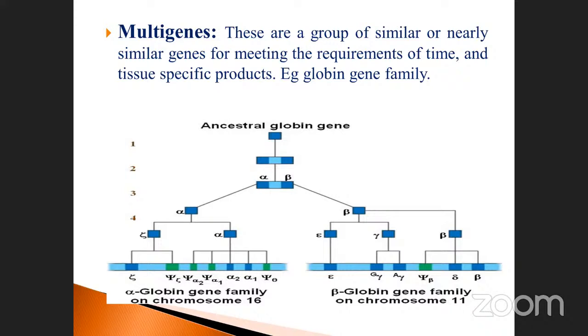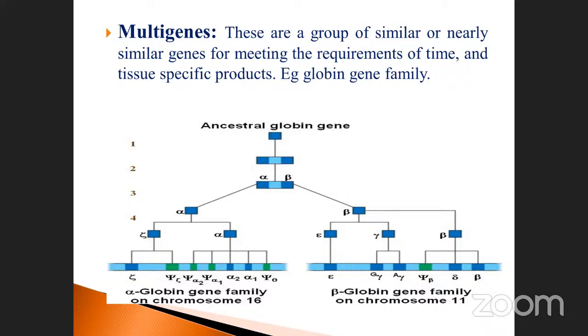These are all similar names, multi-genes, same sequence, but different fractionation. Likewise beta also: epsilon, gamma, and beta. Beta contains psi beta, delta, and beta. These are the different types. These are all called multi-genes, and each one has specific properties.